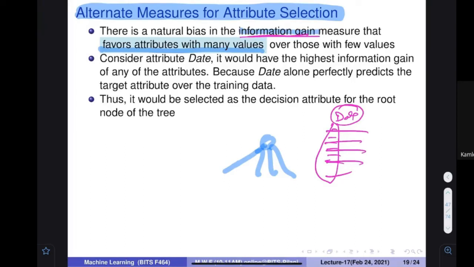Every time you would put the date at the root, because if you know the date, you know the yes or no. Definitely it is not a good thing, because when a new data item comes, it would not have any date available in your database, so you would not be able to go ahead. So you want to do something else.